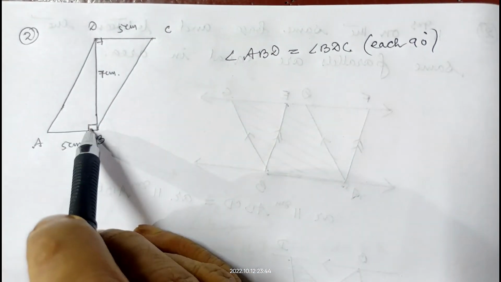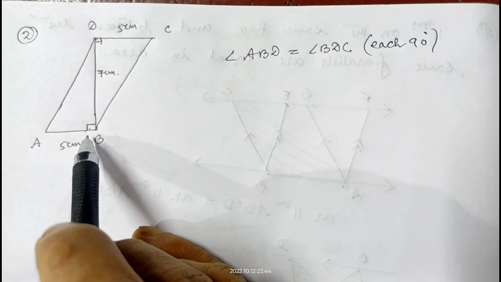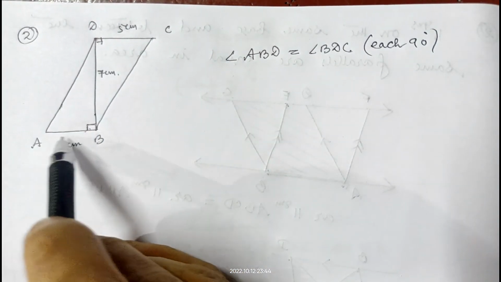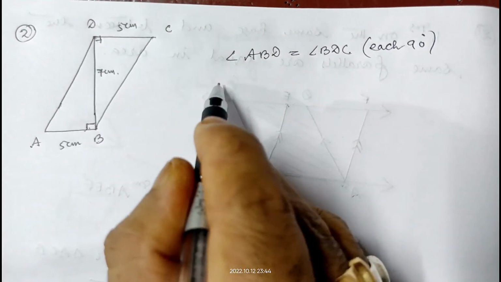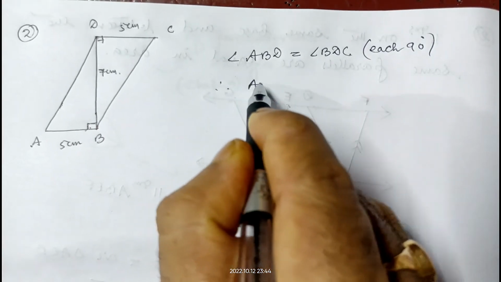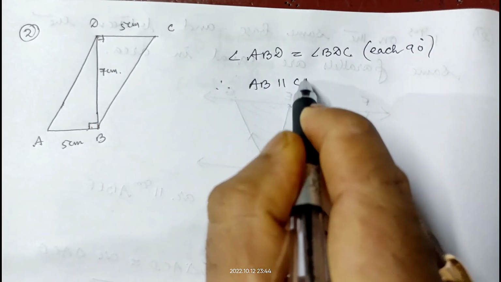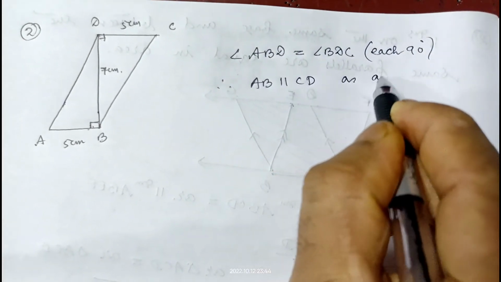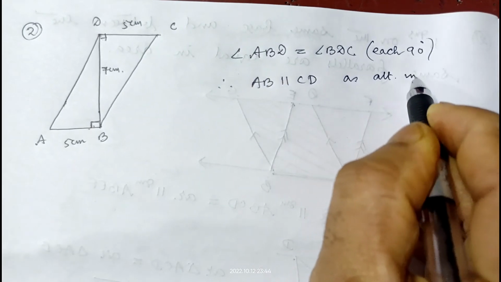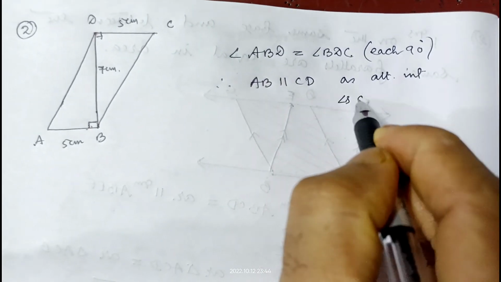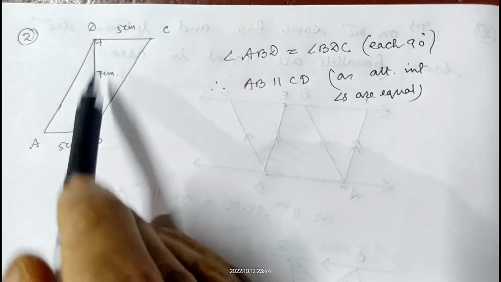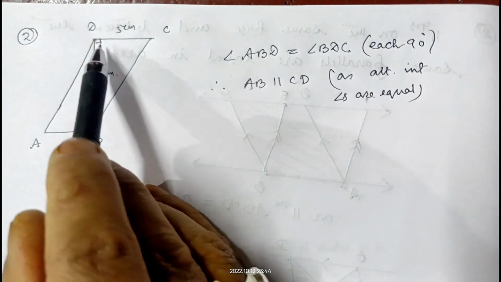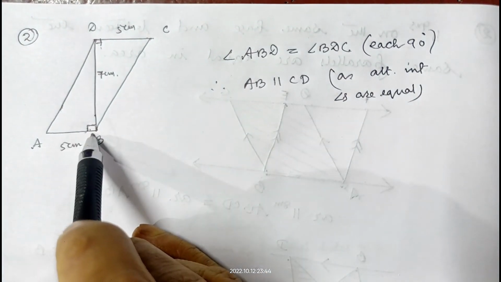Since these two angles, which are alternate interior angles, are equal, that means AB is parallel to CD. Therefore, AB parallel to CD as alternate interior angles are equal. Since these two alternate interior angles are equal, this line and this line are parallel.